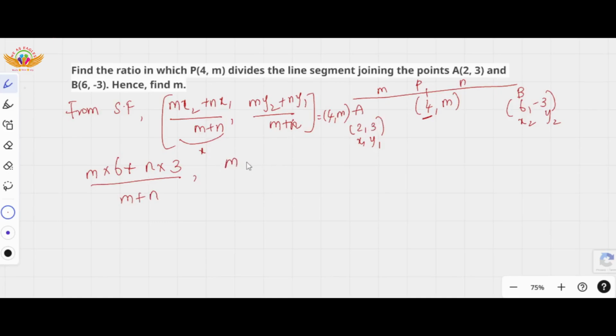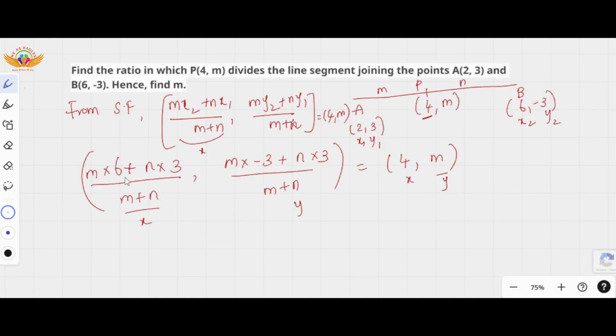We don't know. What is y2? Minus 3 plus n. y1 is 3, divided by m plus n. This is what I substituted, and this complete is equal to 4 comma m. Now this x part is equal to 4 and this y part is equal to m.